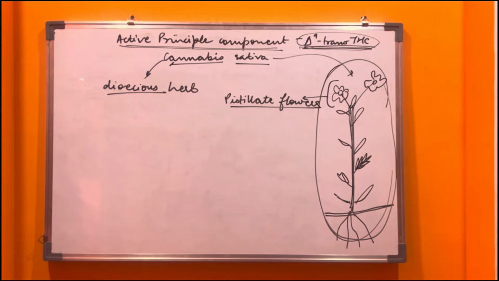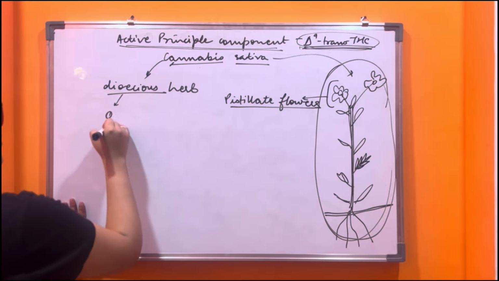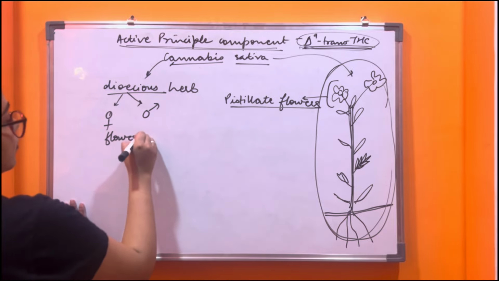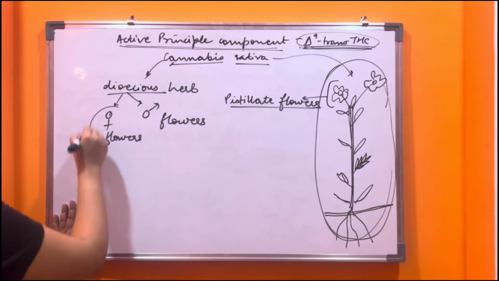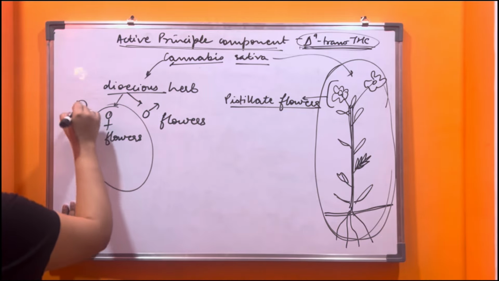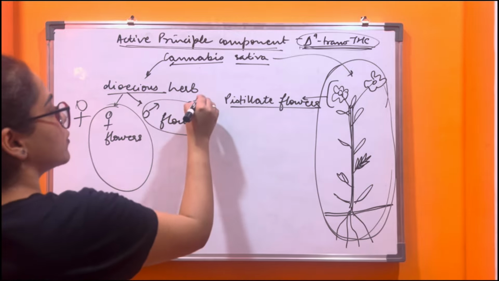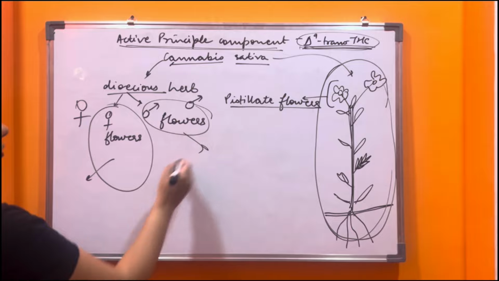What do I mean by a dioecious herb? Dioecious means the female and male flowers grow on different plants. So there will be one female plant on which there will be female flowers, and one male plant on which there will be male flowers, right? So there are these two separate plants.